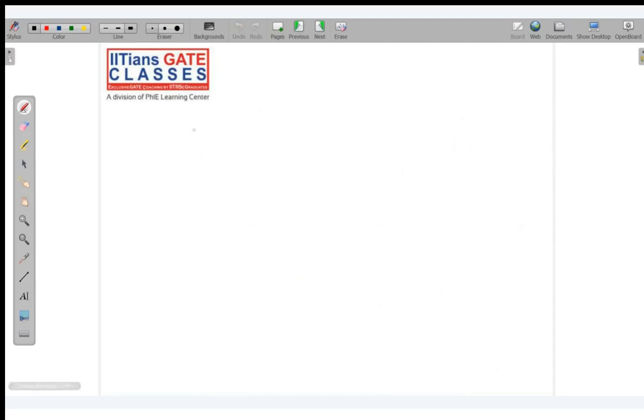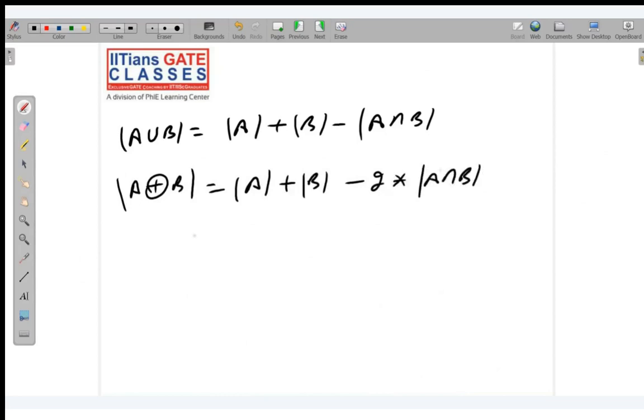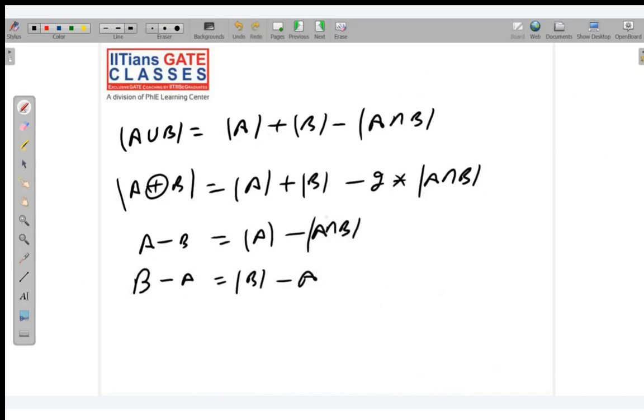Okay, so we have studied the principle of inclusion exclusion. We have told you A union B is A plus B minus A intersection B, and A XOR B is A plus B minus 2 times A intersection B. A minus B is A minus A intersection B, and B minus A is B minus A intersection B. And we have A complement intersection B complement.